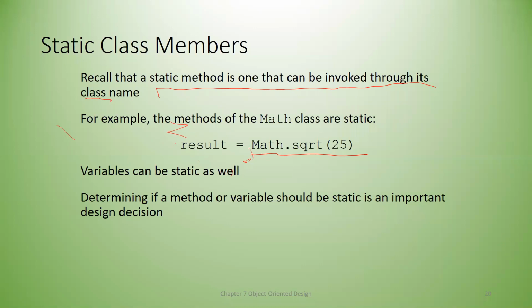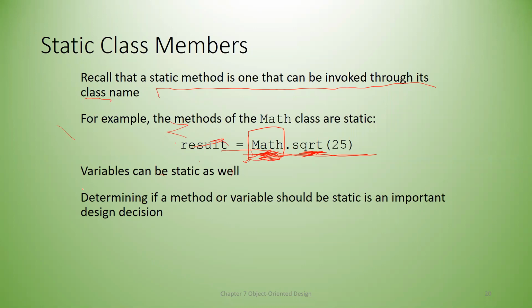That's what we have been doing. But we also discussed that for static methods, you can simply use the class name dot followed by the method name. So this is one such example, Math.sqrt. This is the class name. It's not an object. You do not need to create an object for a static method to be used.